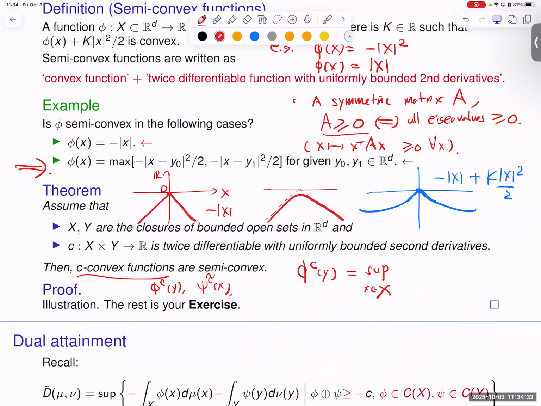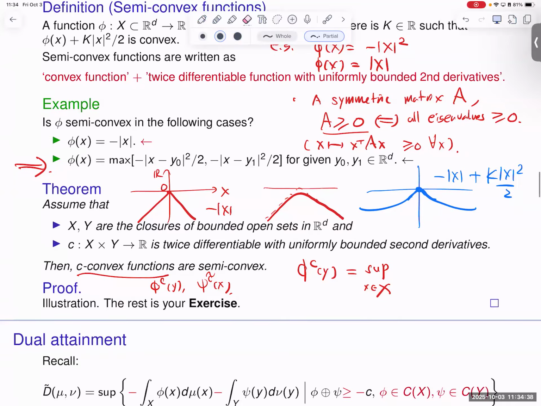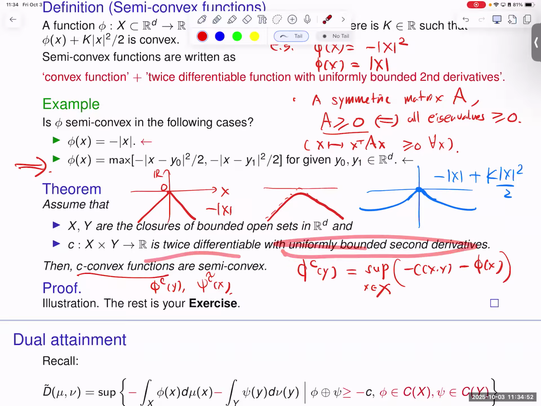So you just need to understand what the C-Legendre transform does. Then you have this property here. C has a uniform lower bound.